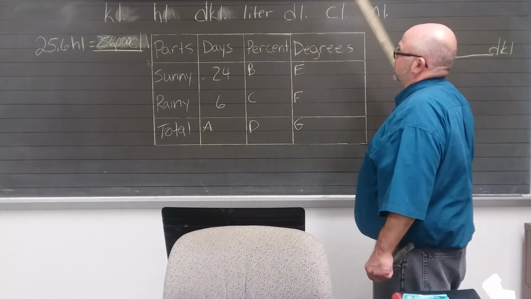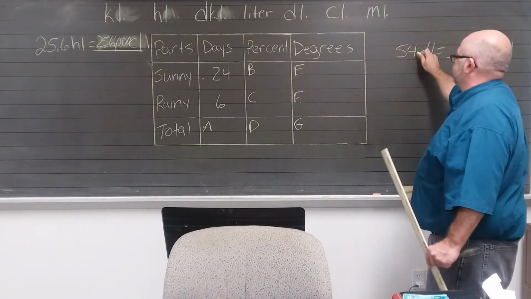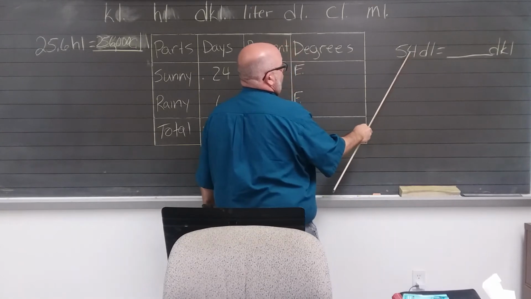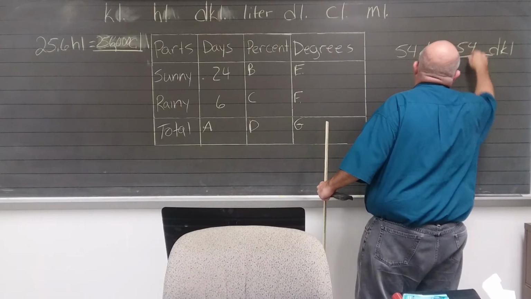So you're moving the decimal point to the left. 1, 2. The decimal point on 54 is here. 1, 2, point 54.